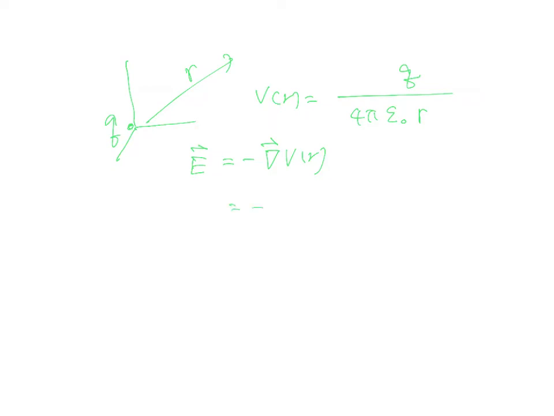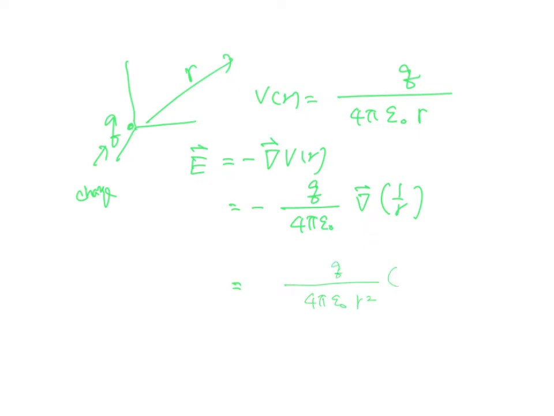So minus Q over 4 pi epsilon 0 times the gradient of 1 over r is Q over 4 pi epsilon 0 r squared times x over r, y over r, z over r.